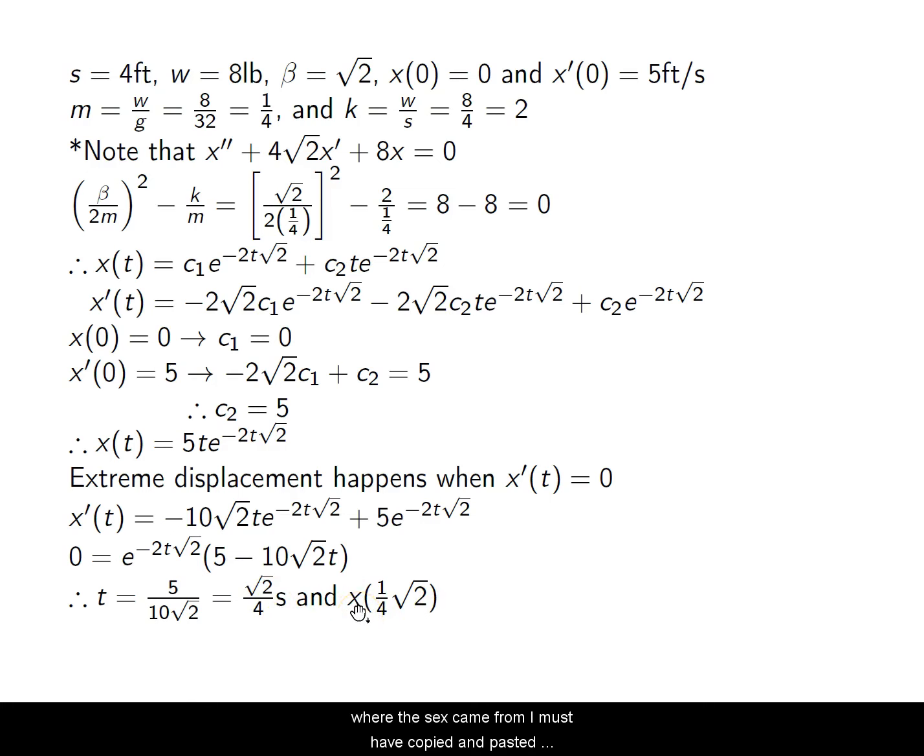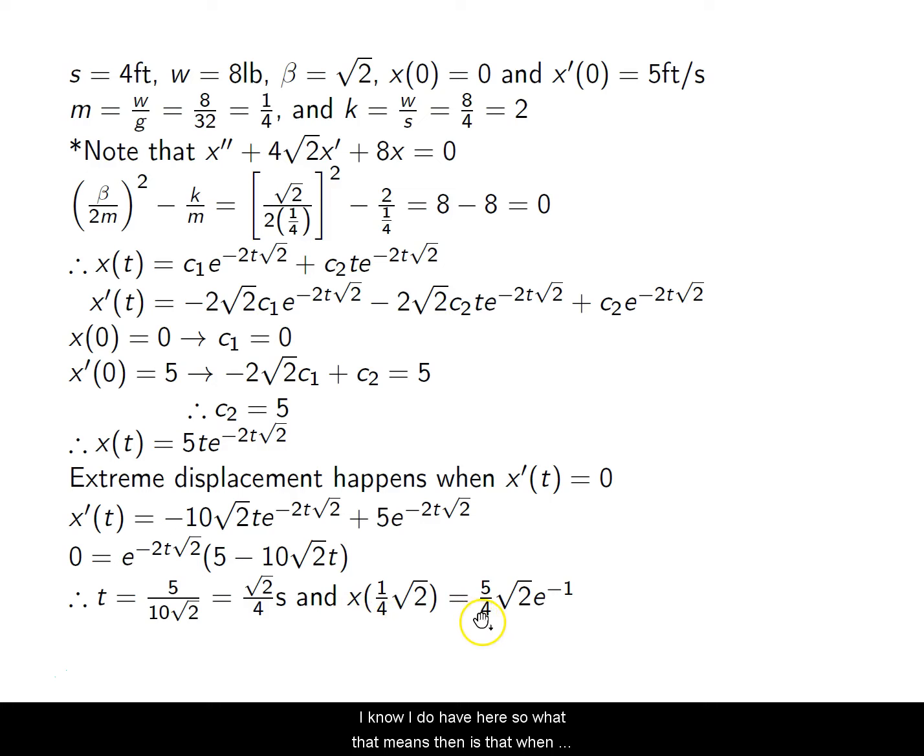I must have copied and pasted something incorrectly when I tried to compile this from LaTeX, but this is just 1/4 root 2. I'll fix that in the write-up. So this really should just say equals, not s and x. It should say this is equal to each other. I have no idea what happened here.